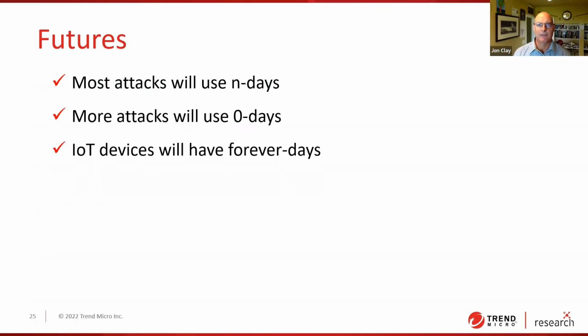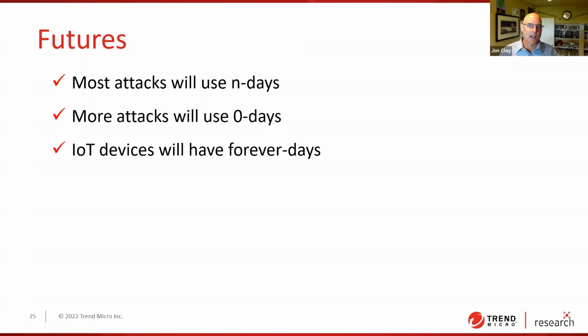Something I've talked about in the past is forever days. IoT devices will have forever days, and what that means is essentially, in a lot of cases, these are consumer devices, but it could be industrial IoT, for example, where the manufacturer develops the product, puts software into that device, and then decides that the device only has a certain amount of shelf time and lifetime, and they're not going to patch it.